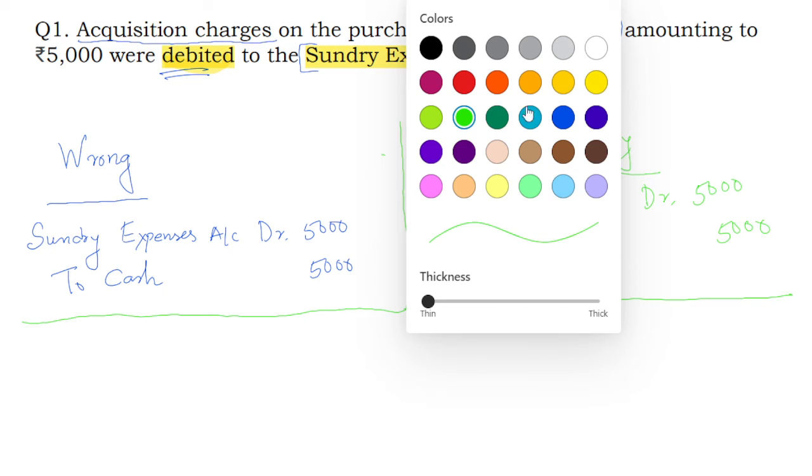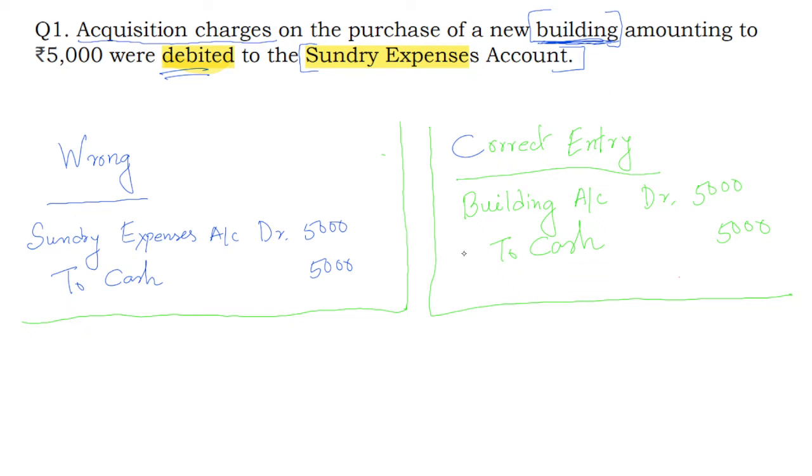In both cases the cash account is correctly recorded, so we do not need to touch the cash account. The only thing wrong is the sundry expenses account, which is debited wrongly.